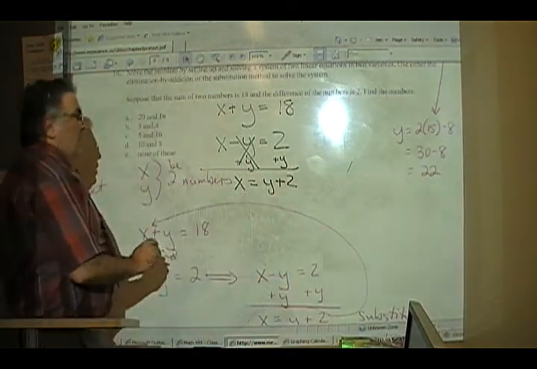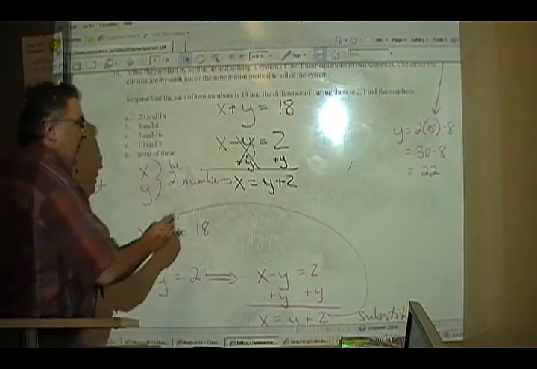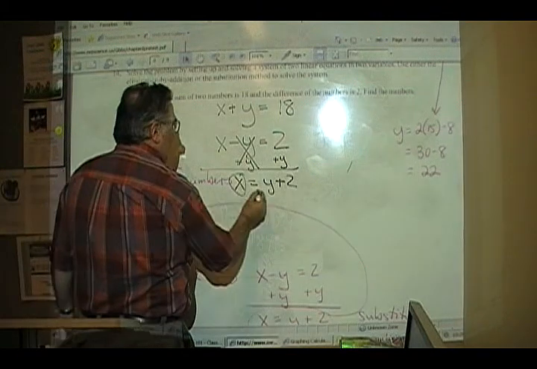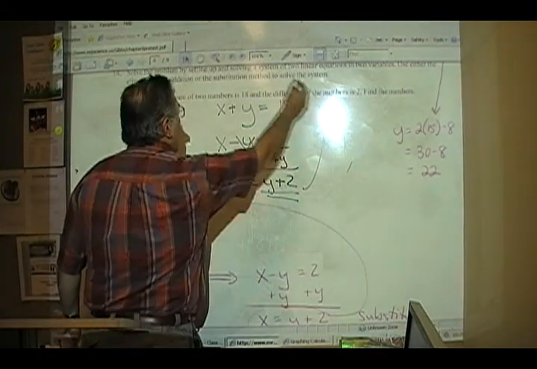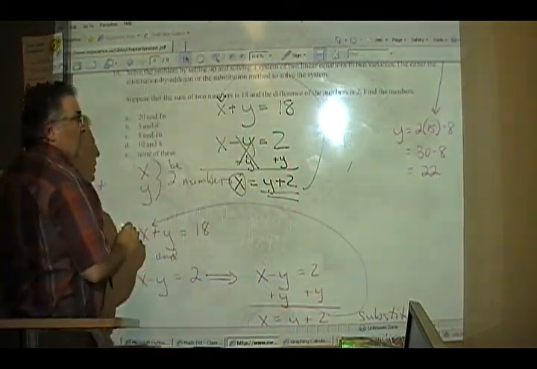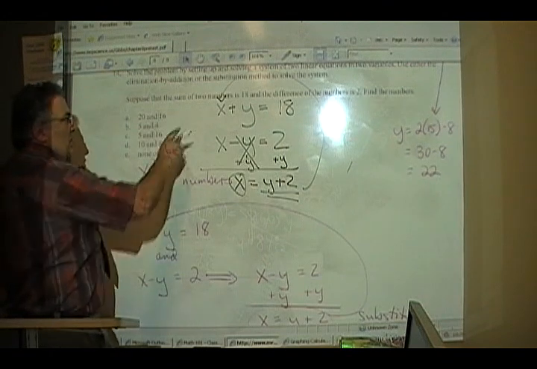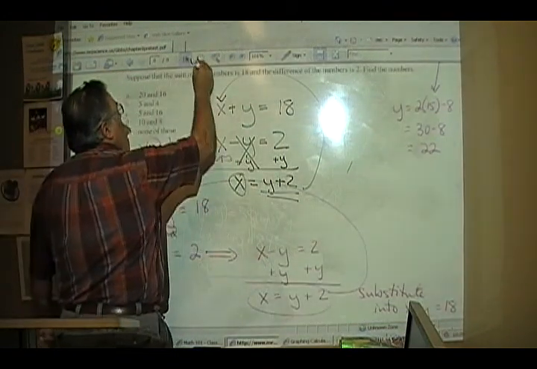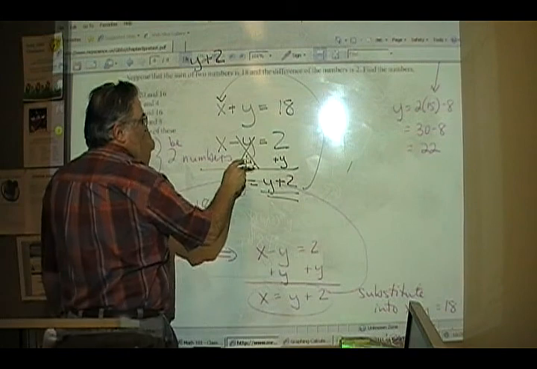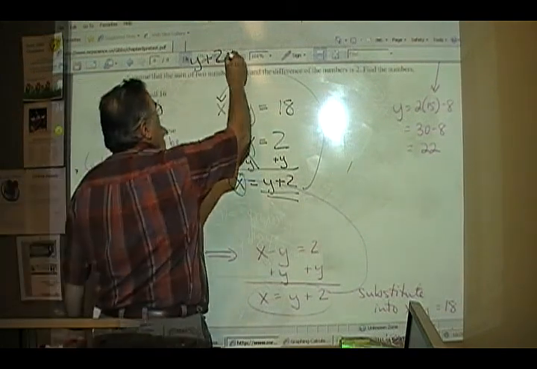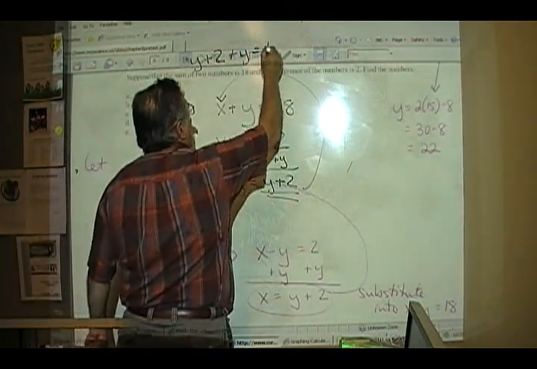Now I could take that answer for x and substitute it into the first equation. In the first equation where it says x, I would write y plus 2, and then plus y equals 18.